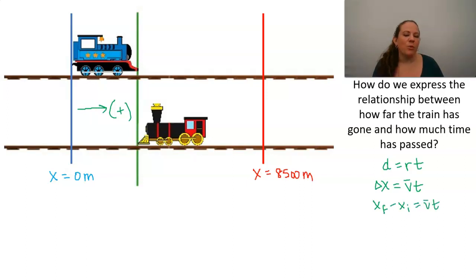I'm going to make one more rearrangement and then explain why. I'll add that initial position to both sides, because now final position equals velocity times time plus initial position looks an awful lot like dependent variable equals slope times independent variable plus an intercept.